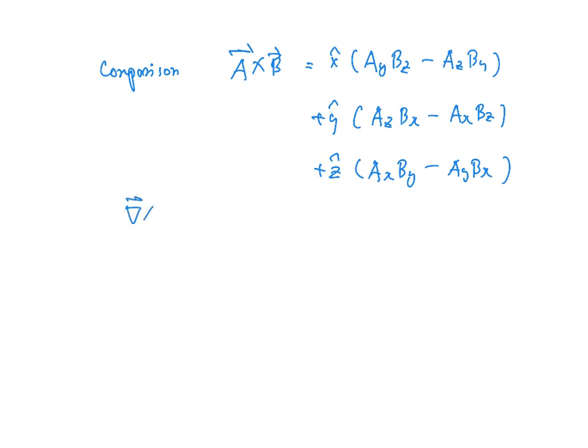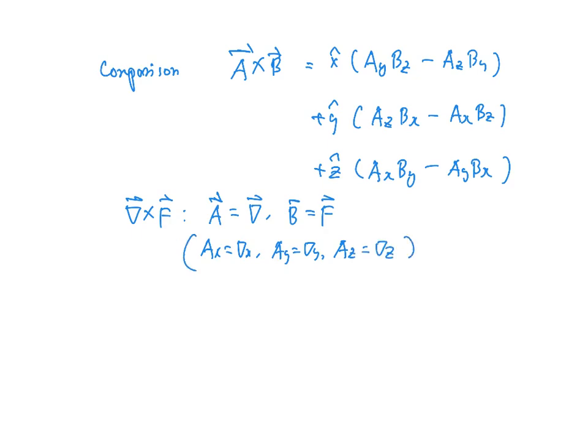For curl F, A is the del operator, B is the F vector, right? So A_x is actually del_x, A_y is del_y, A_z is del_z, right? And B_x is F_x, B_y is F_y, B_z is F_z.